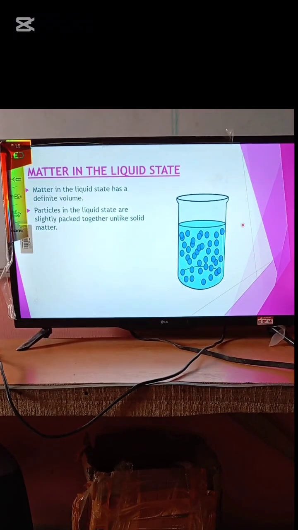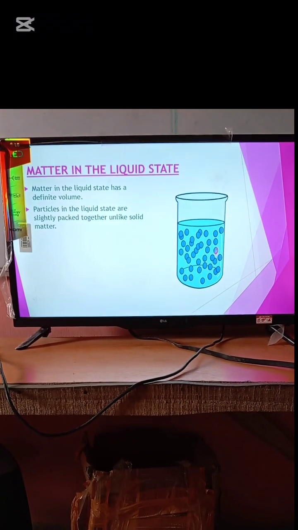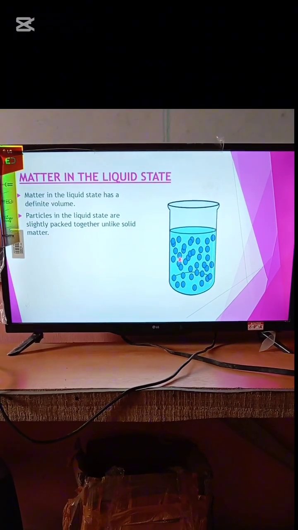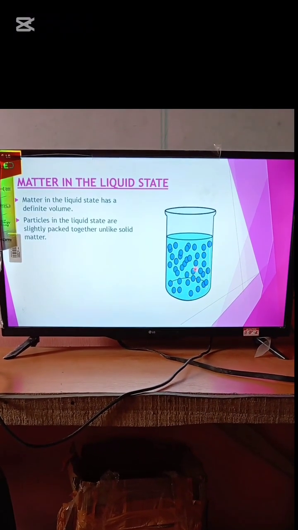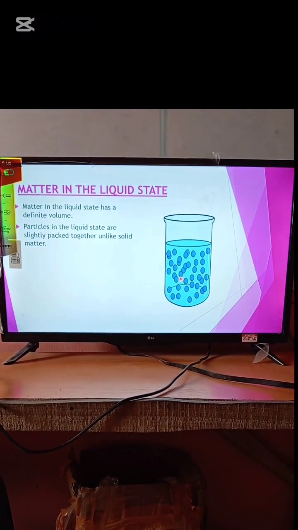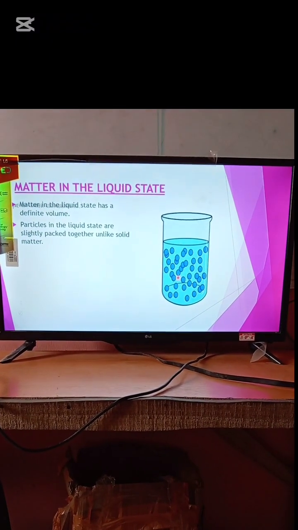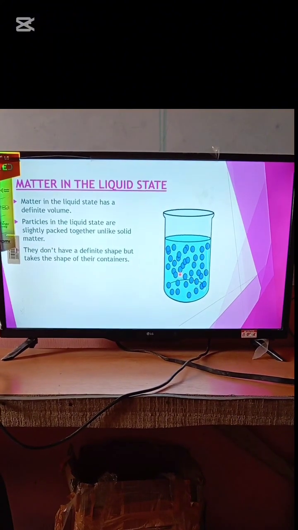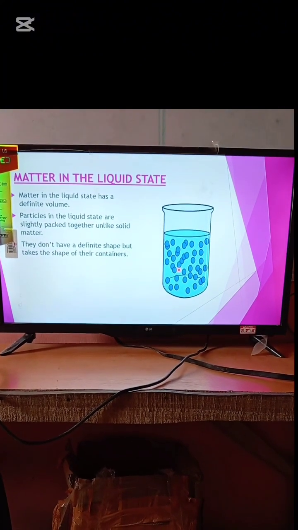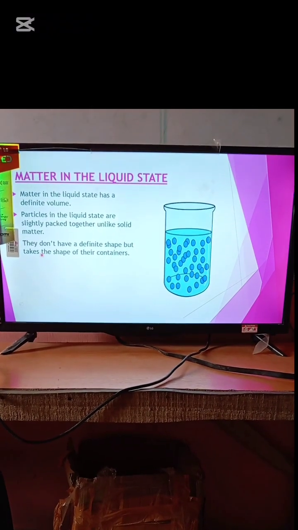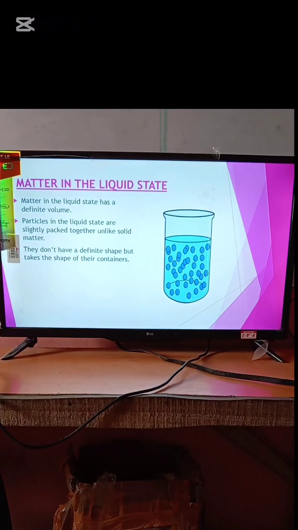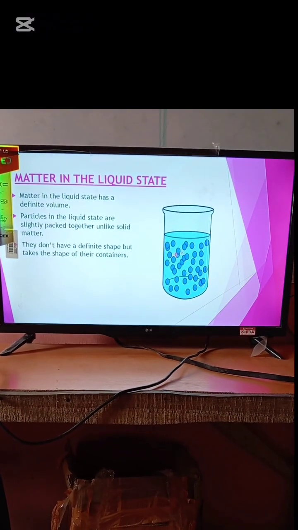Compare them to the solid state: they are not as tightly packed together as those of the solid state. They don't have a definite shape, but take the shape of their container.